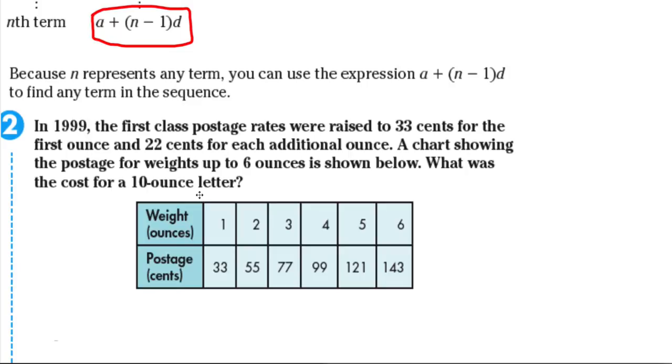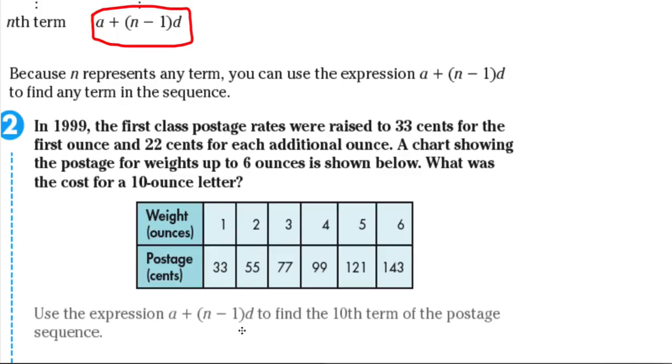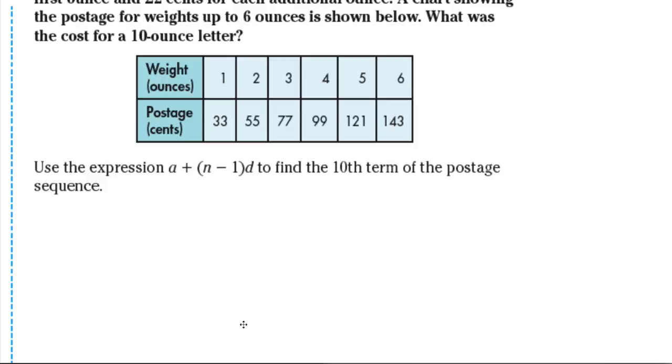So how do we approach this problem? Again, we can use the formula to find the 10th term, because basically what it's asking is, what is the 10th term for this sequence? So use the expression A plus quantity n minus 1 times D to find the 10th term of the postage sequence.